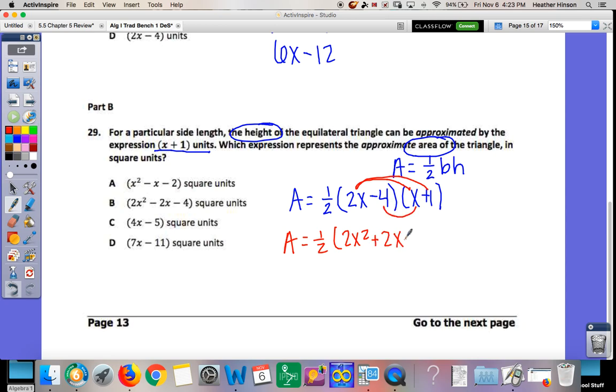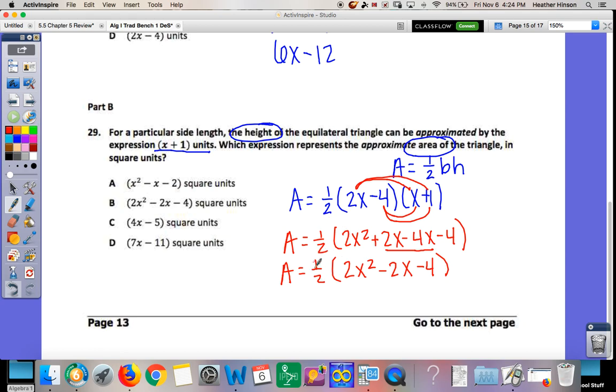Negative 4 times x is negative 4x. Negative 4 times 1 is negative 4. Combine your like terms, which are going to be those x's. So 2x minus 4x is negative 2x.